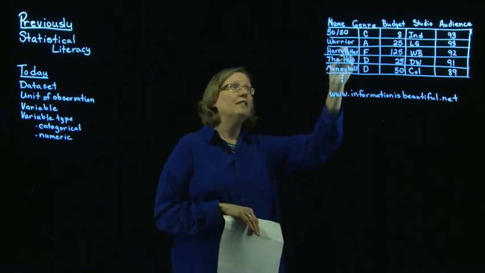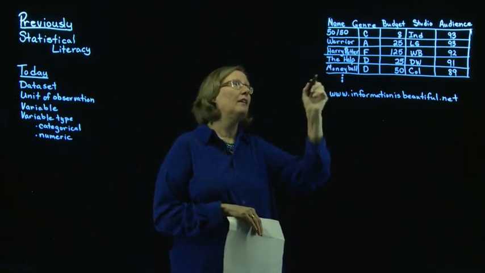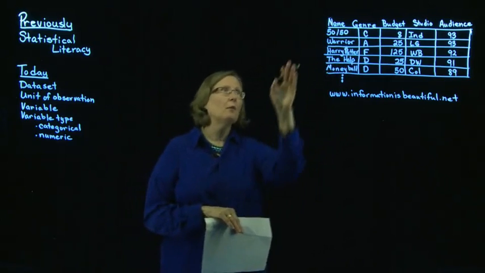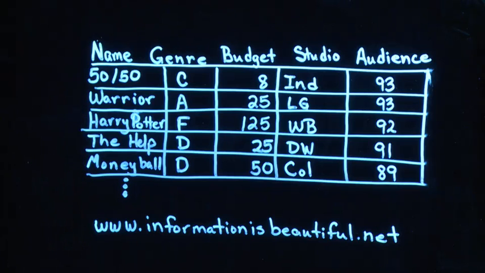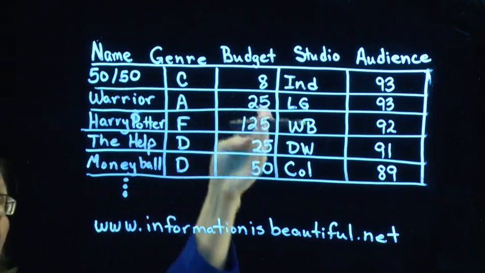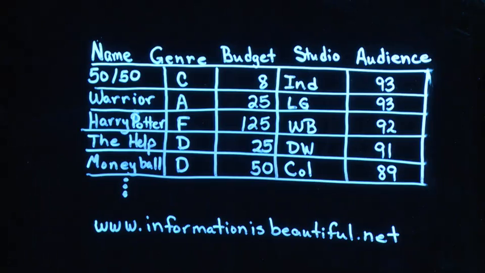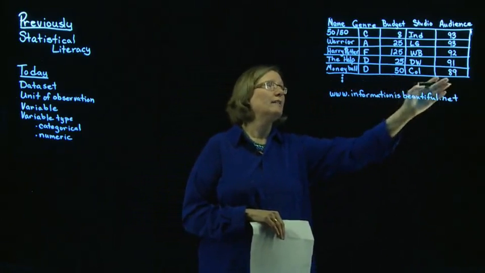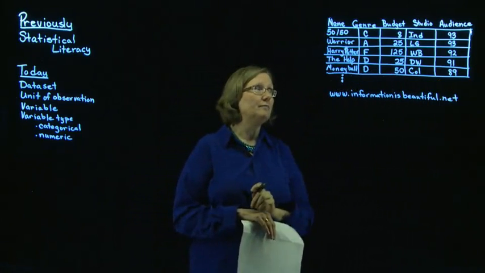They are 50-50, Warrior, Harry Potter, The Help, and Moneyball. You'll notice that the rows here are each a movie, so the movie is our unit of analysis. Each of the columns is a variable or a characteristic that varies from movie to movie. You'll notice that some of these variables are numeric and some of them are not.